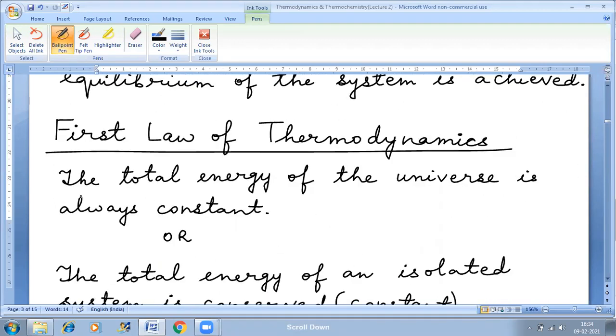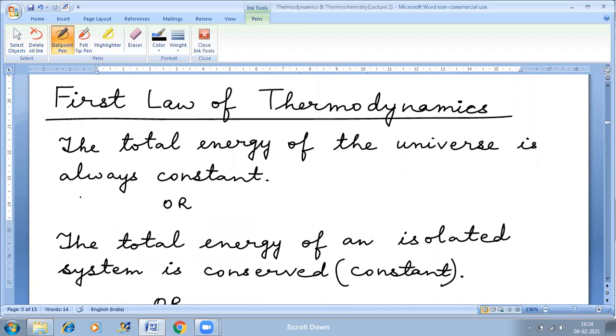But another first law of thermodynamics. So these are the statements of the first law.